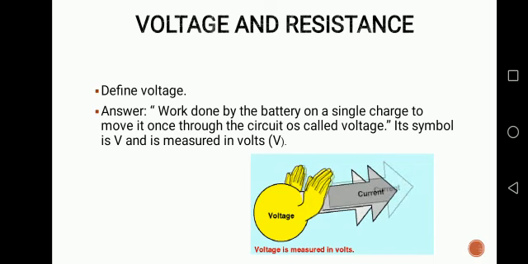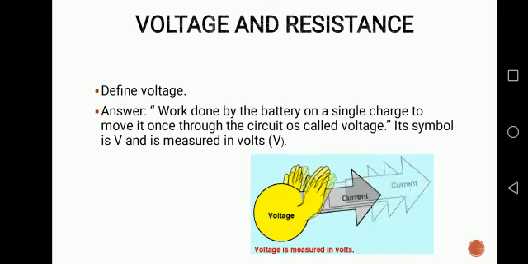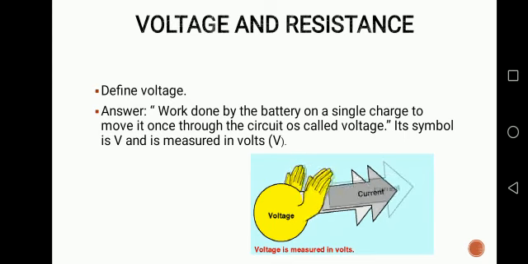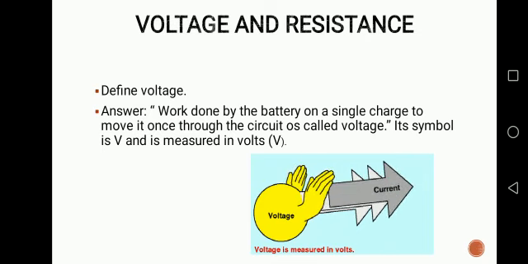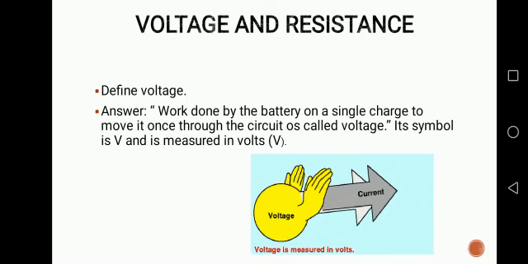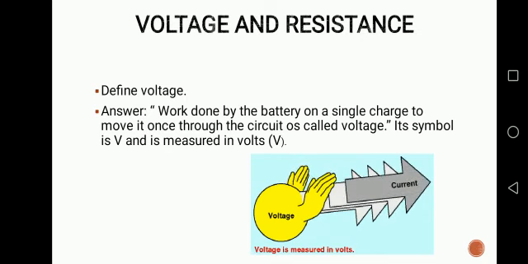So work done by the battery on a single charge to move it once through the circuit is called voltage. Its symbol is capital V and it is measured in volts, and it is also measured by the voltmeter, an instrument that is used to measure the voltage developed by the battery in a component of a closed circuit. So this is known as voltage.